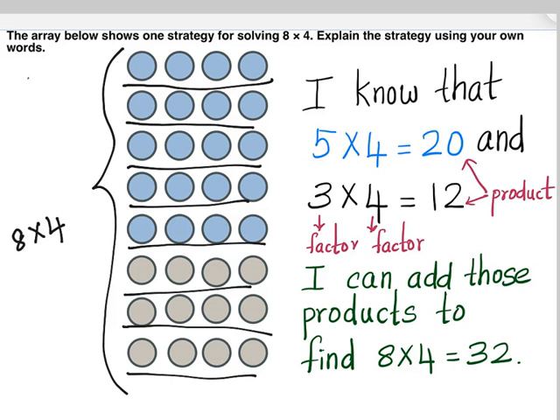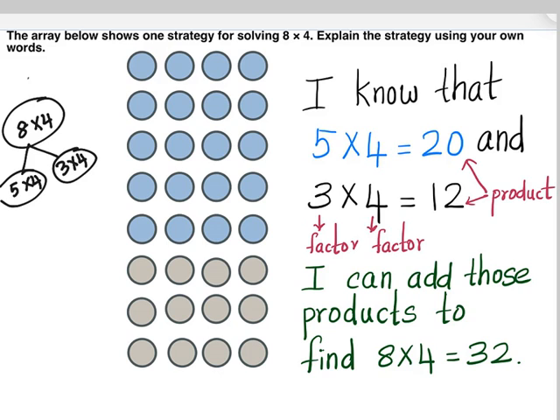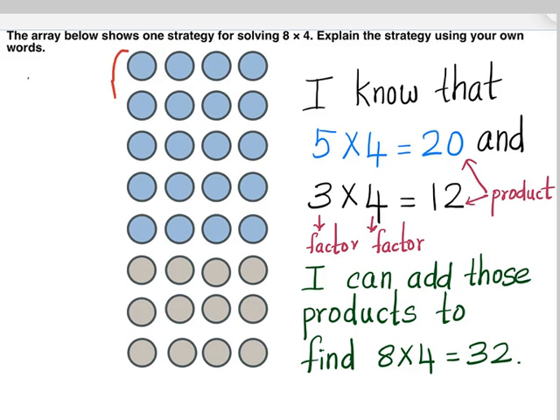Let's see how this has been done in the distributive property. What they have done here is they have broken apart this 8 times 4 into 5 times 4 and 3 times 4.